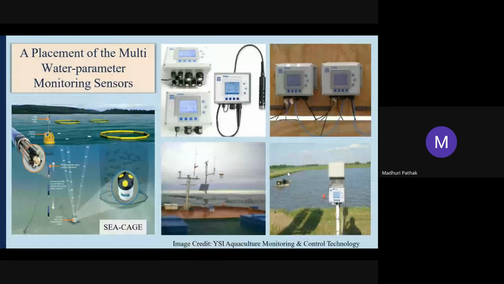A placement of multi-water parameter monitoring sensors. So this is the floating cages you can see. They have installed multi-water parameter sensors. There are different probes attached to it.